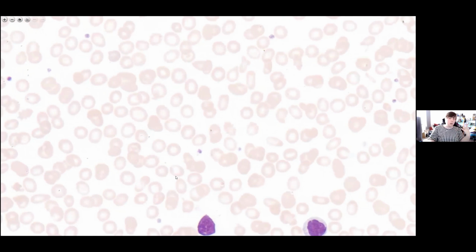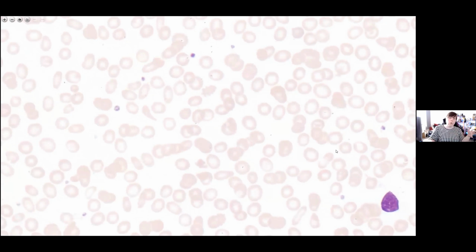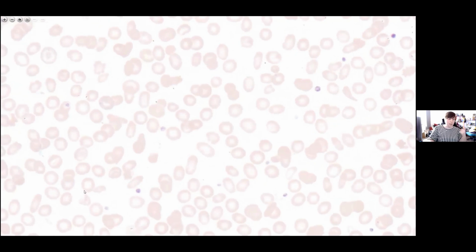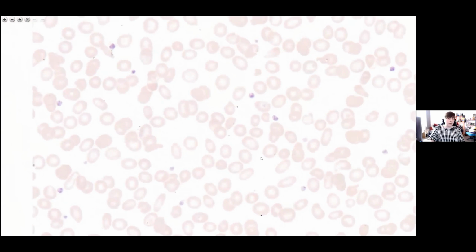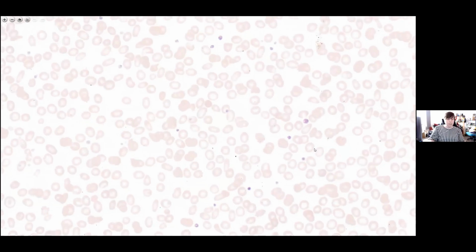So do keep in mind when you're reporting, you don't want to over-report and call out every single poikilocyte you see. But of course, we don't want to under-report. So all of the significant poikilocytes that you see, you should report. So I think this one, hypochromic microcytic with occasional elongated or pencil cells.